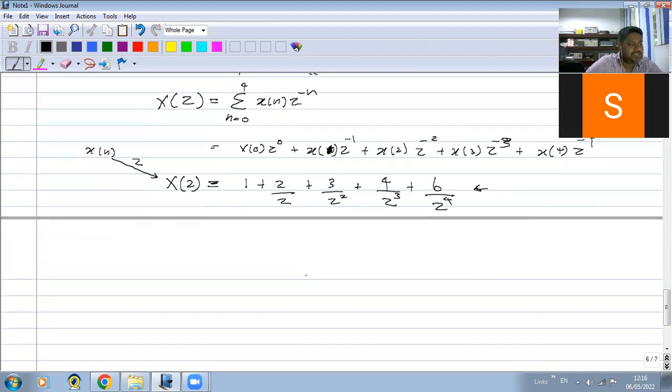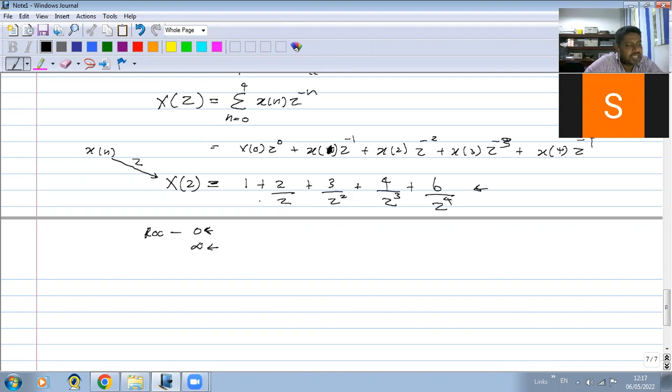So how to find the ROC? You can see that for this kind of finite signal, the ROC mainly depends on two values, 0 and infinity. Sometimes 0 will not be included in the ROC, or infinity is not included in the ROC.